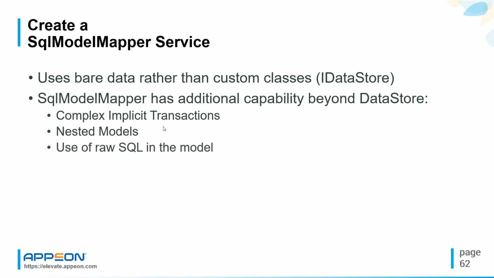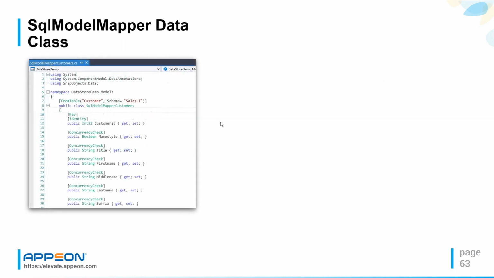And you can use raw SQL in the model. So you can say, do this update using this model, issue this SQL statement, and do this other model update. And as I mentioned, you can put all this together in a single transaction as well. So there's a lot more capability in that regard. But like I said, it's going to be more of a learning curve for your PowerBuilder developers.